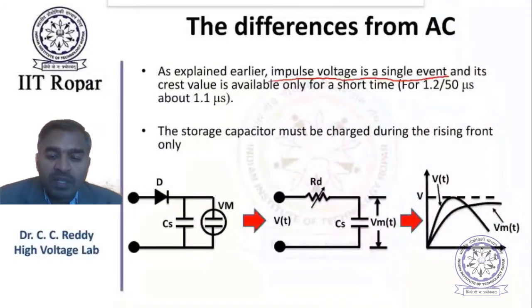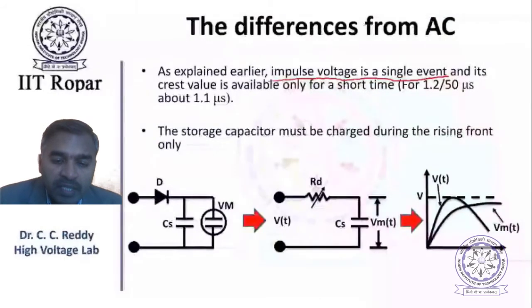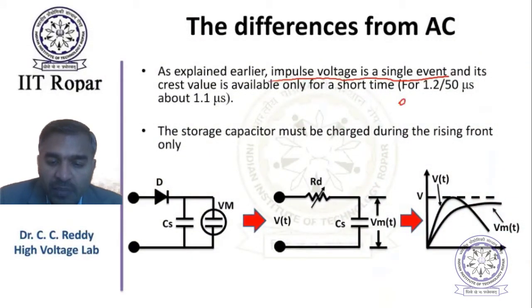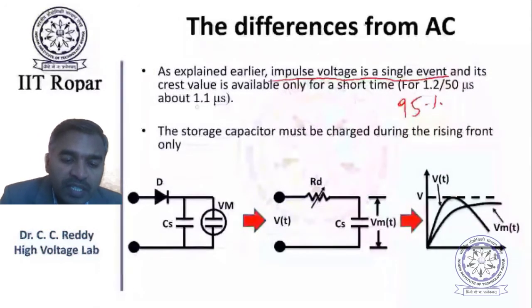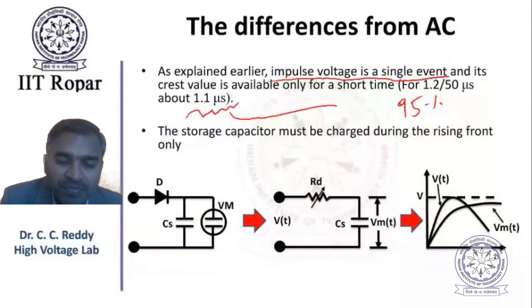Okay. Now the peak of impulse voltage is considered to be around 95% of the peak and above. So its duration is roughly around 1.1 microseconds only.